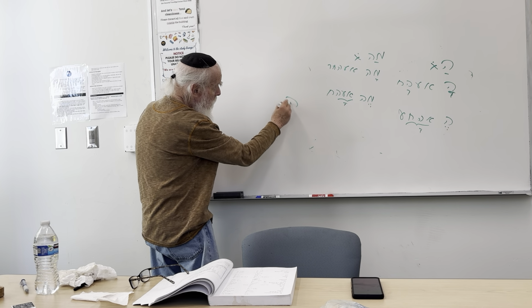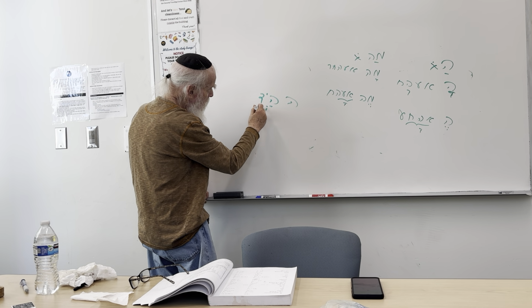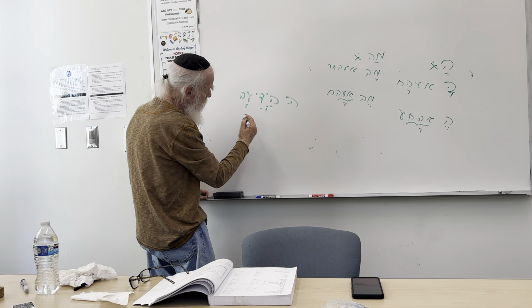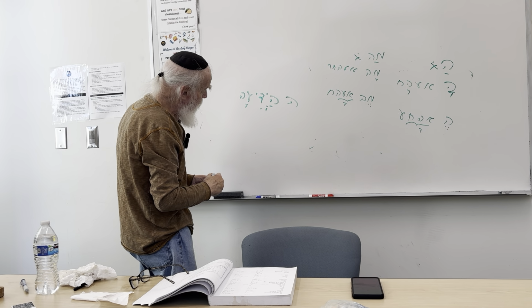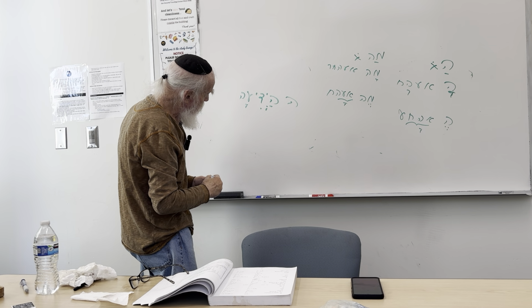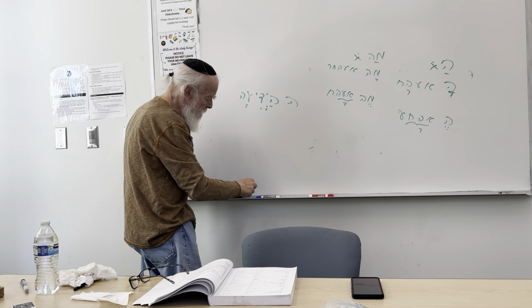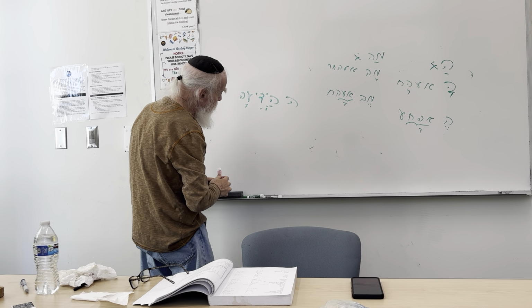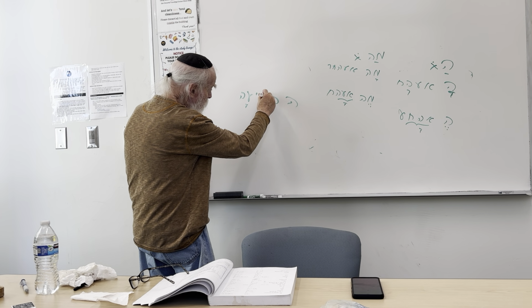The letter Hey, and then HaYedia. The pen is somewhat marked with water. Let's just get this thing better fixed. The word HaYedia: the Hey here, the dagesh chazak and the yud that follows.